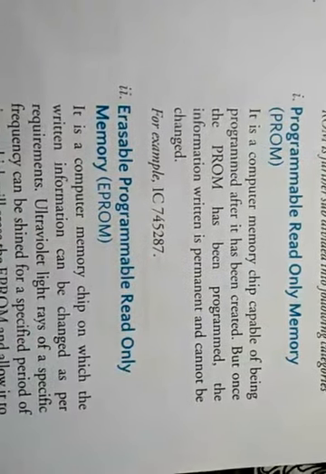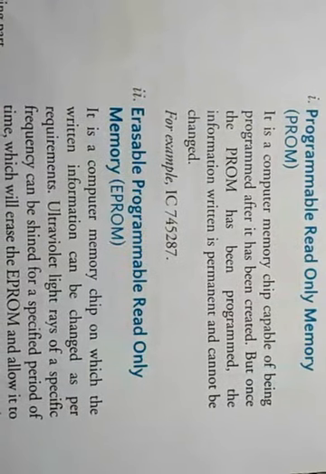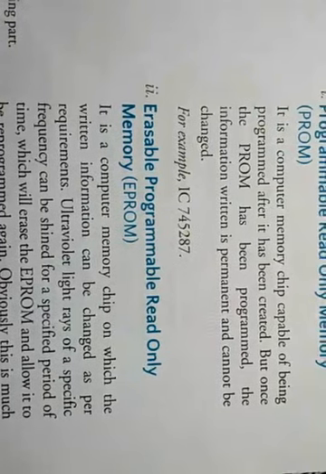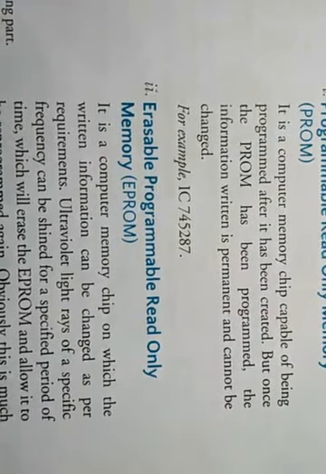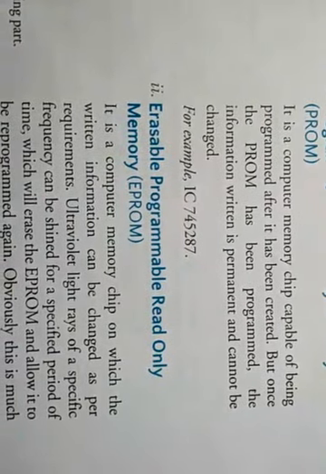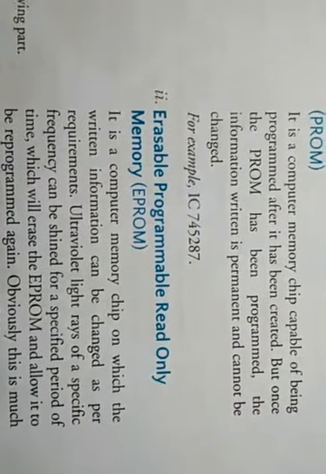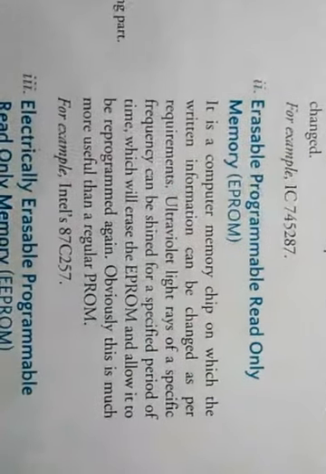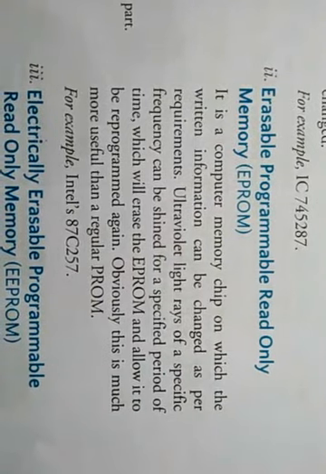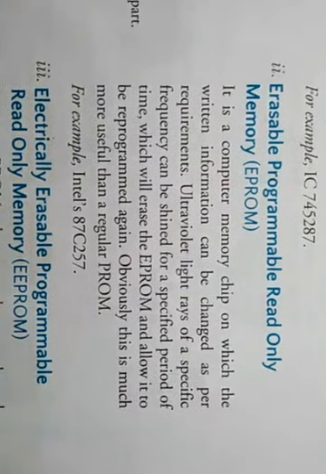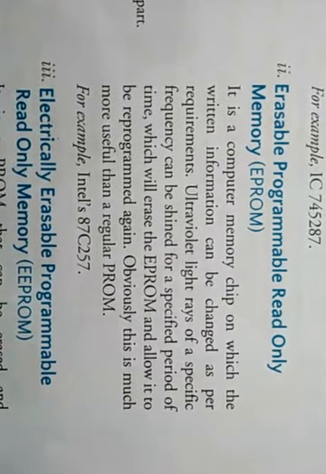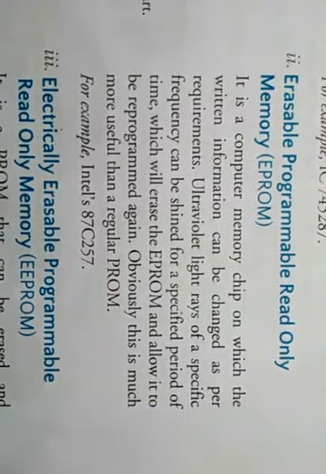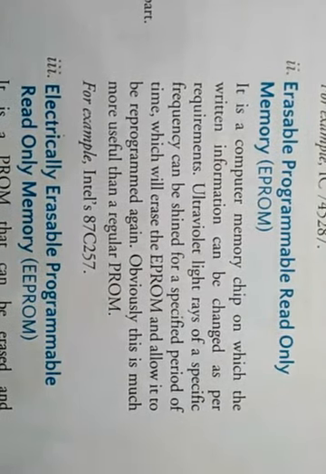There are different categories of ROM. Number first is PROM, which stands for programmable read only memory. It is a computer memory chip capable of being programmed after it has been created, but once the PROM has been programmed, the information will be permanent and cannot be changed. Second one is erasable programmable read only memory. Once the data or program is stored in this memory, we can modify it with the help of ultraviolet light rays, but we require a specific lab for this.